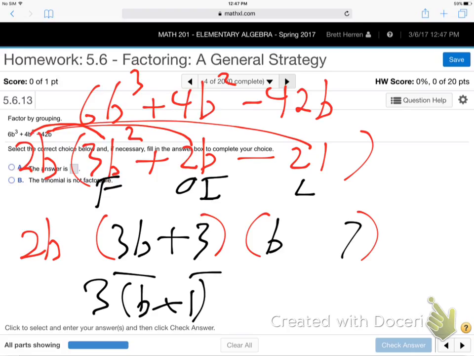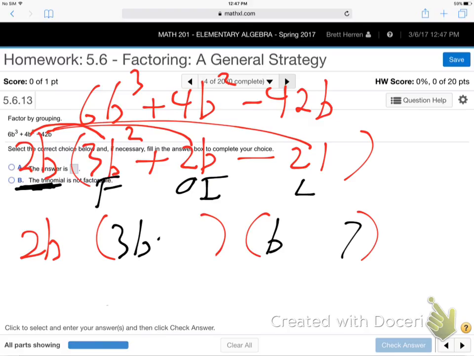Because we already took out all the commonness right here on step 1. There can't be other commonness later. So that's why it'll never be that case. So if it is 3 and 7, it has to be the 7 is here and the 3 is there. That makes sense? You can't have two 3's in the same parenthesis.